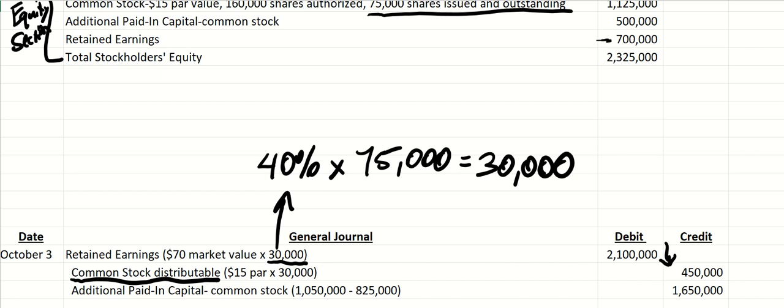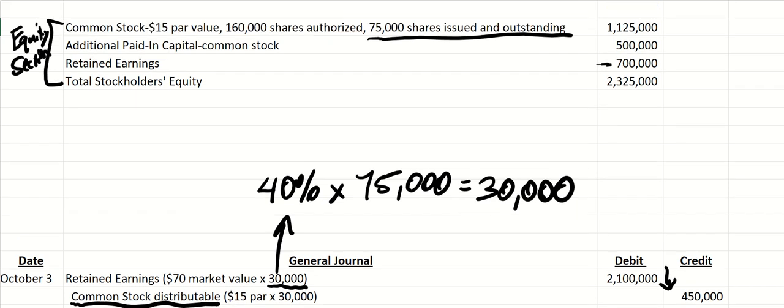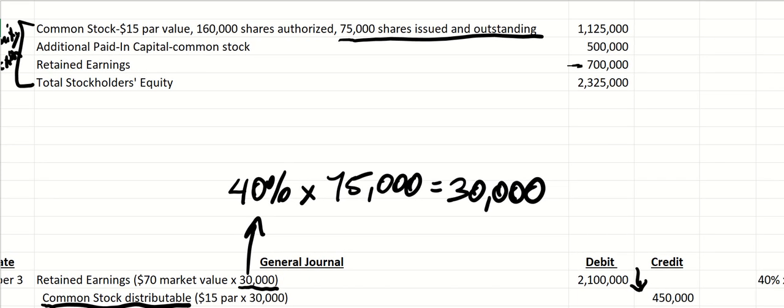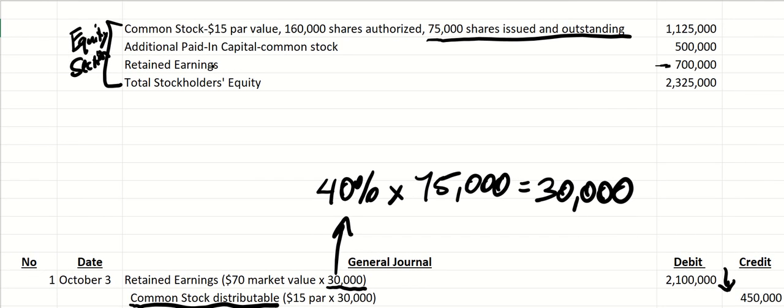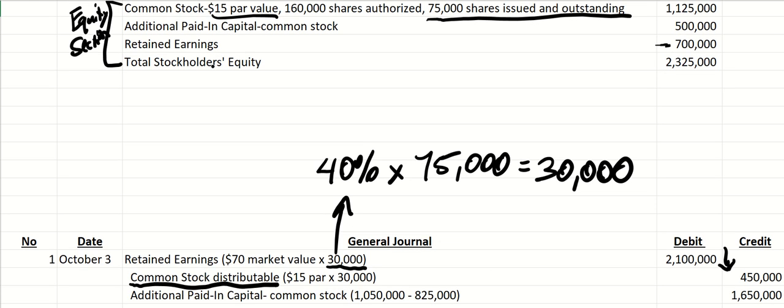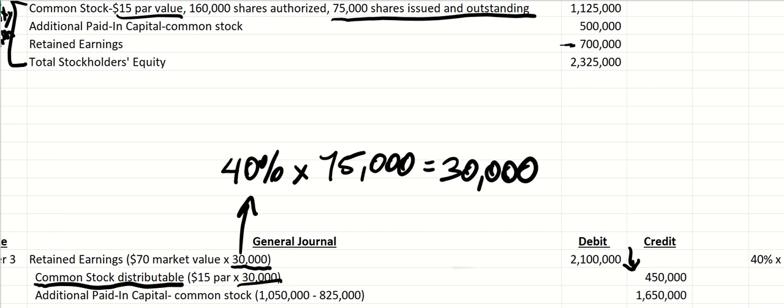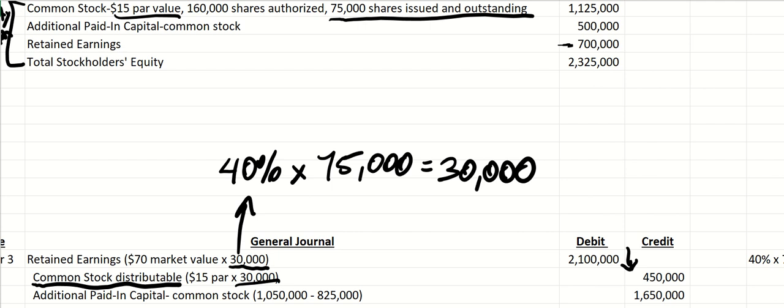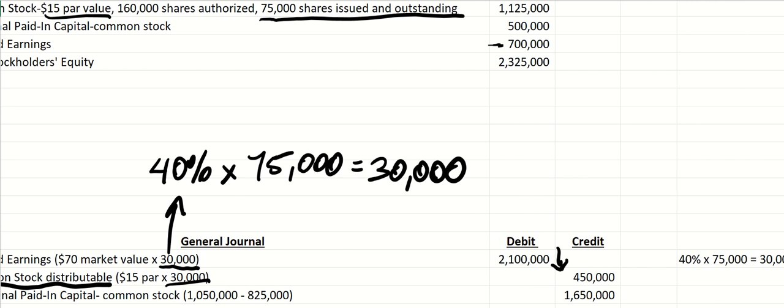We're going to credit that account by $15 par, which is the par value shown in the equity section. We're going to multiply by the 30,000 shares, which is the 40% of 75,000 shares that are issued and outstanding. That's going to give us $450,000 here, which increases the balance in that account.